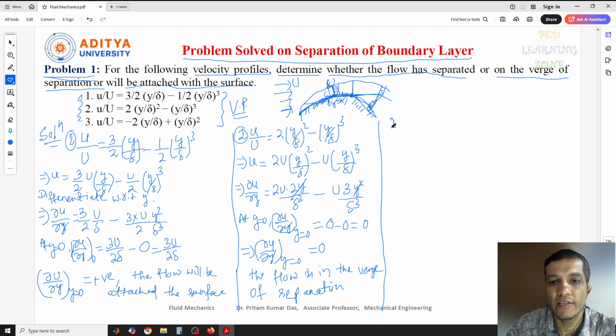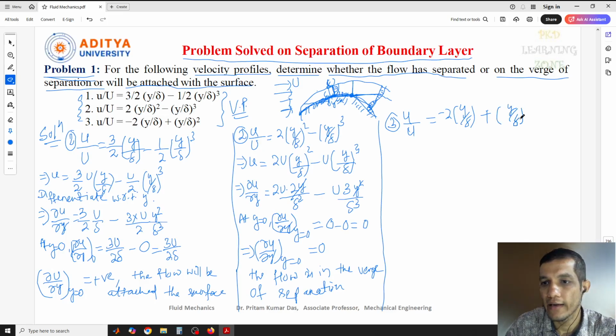And the third equation is given here. This is small u by capital U. Same method we need to do here again. Minus 2, this is y by delta, and this is plus y by delta whole square. And here also same thing again, I'll do small u equal to minus 2 into capital U, and this is y by delta, this is plus y by delta whole square.